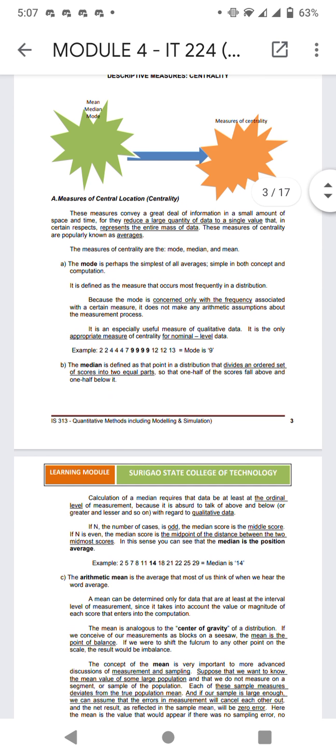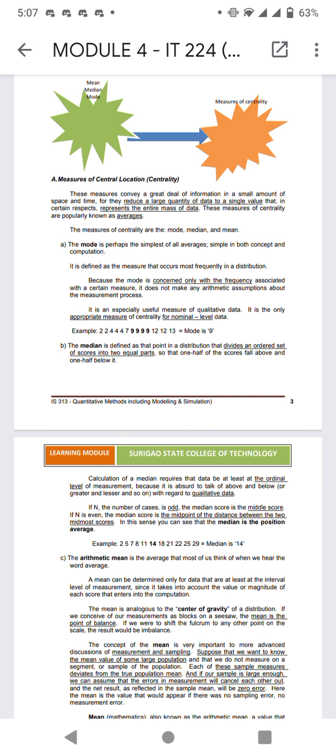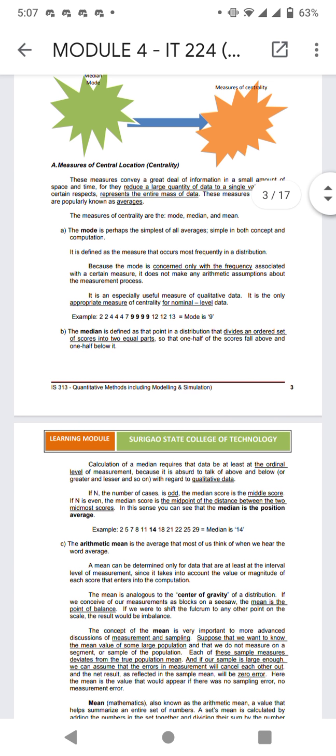The mode is perhaps the simplest of all averages, simple in both concept and computation. We can see the mode when there is a number that is repeated the most. For example, here we have 2, 2, 4, 4, 4, 7, 9, 9, 9, 9, 9, 12, 12, 13. The mode is 9 because it appears the most.